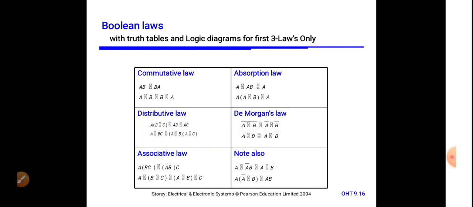So in simple terms, you can prove the commutative law, distributive law, and associative law by taking the truth table only in zeros and ones. Coming to the actual laws used in a Boolean function, there are the absorption law, De Morgan's law, and the duality theorem. These are the important things we need to discuss now.